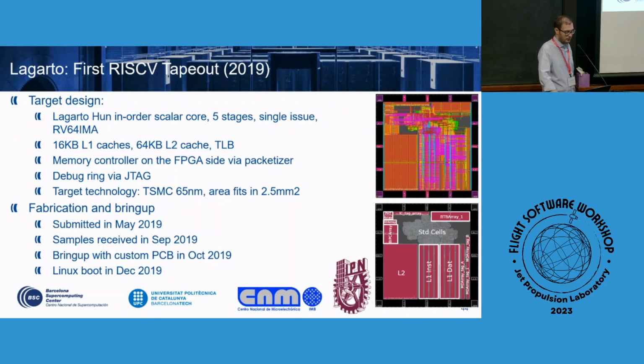The first iteration was a very simple processor, in order, 5 stages, very similar to the one that we are taught in the computer architecture classes. Separate instruction and data caches and TLBs. And we submitted the design for tape out in May 2019. We got the first samples in September, and within 3 months we were able to boot Linux.